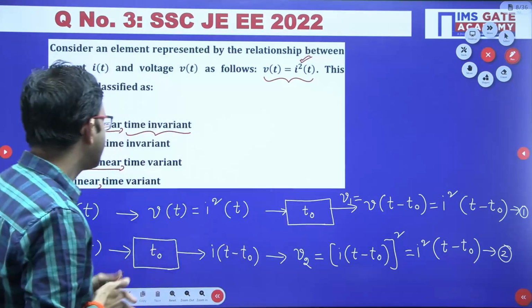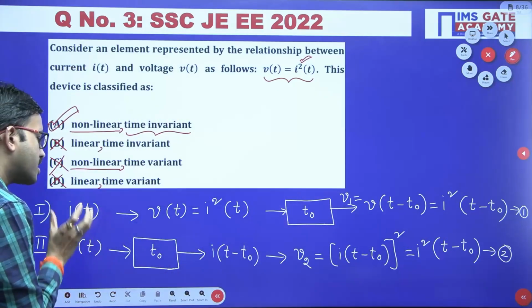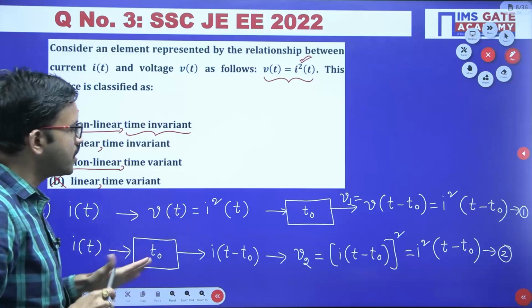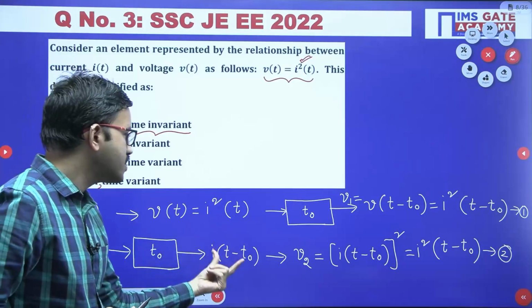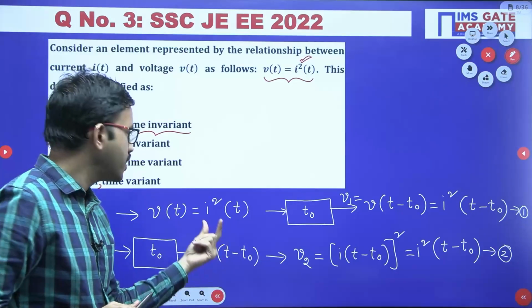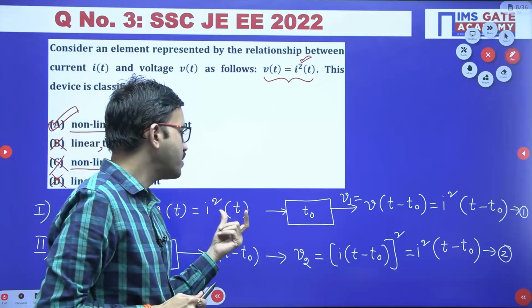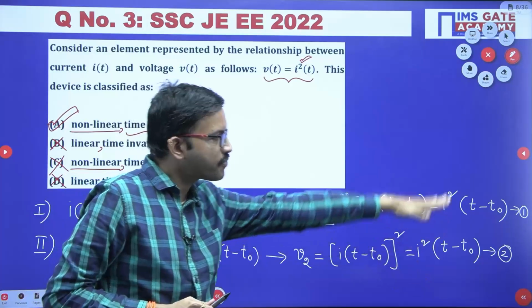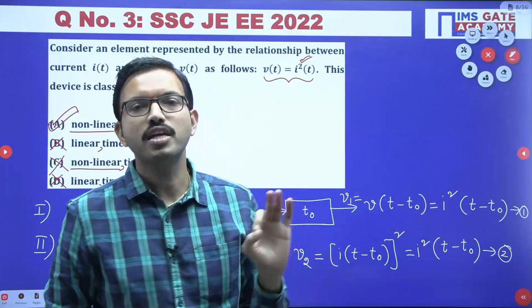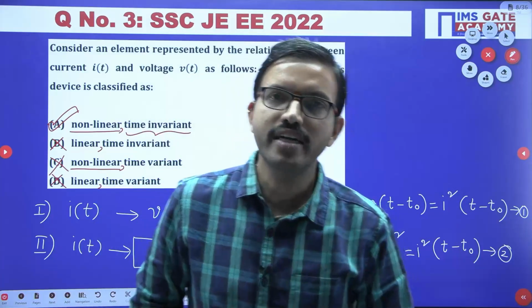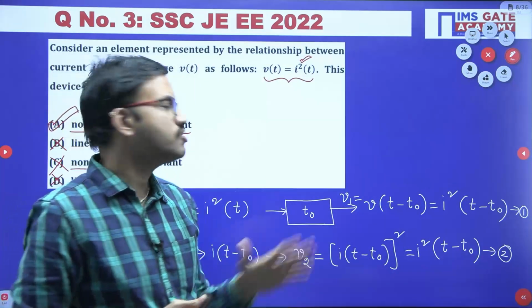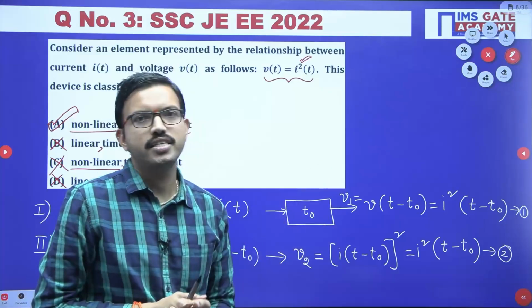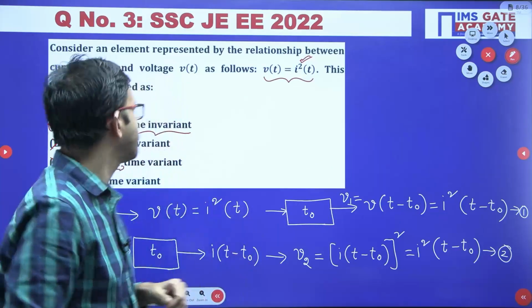In the other case, I pass the given input itself through the delay line, and then substitute that delayed input in place of the input expression. If both equations are the same, we call that network or system time invariant. Otherwise, we say it is time variant. That is the most important point.